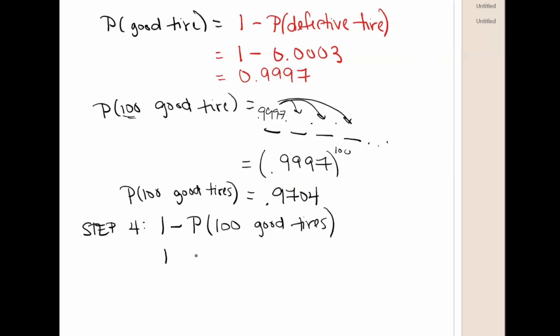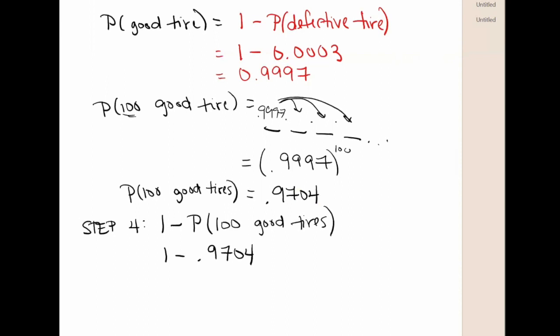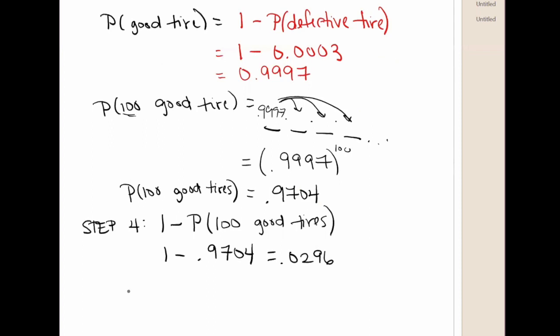So this is really 1 minus 0.9704, which if I do that in the calculator, our answer is 0.0296. So that is the probability of having at least 1 defective tire.